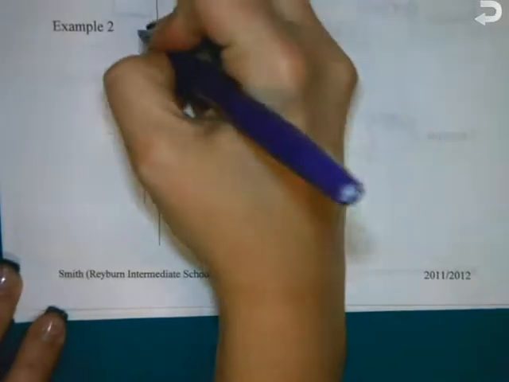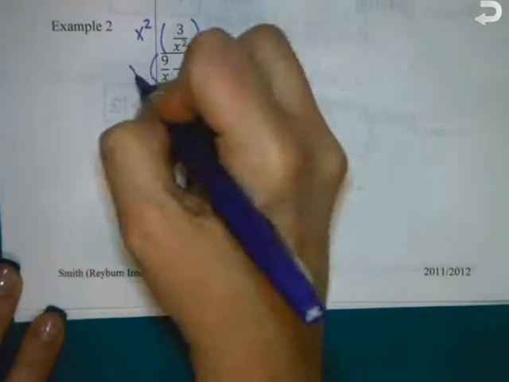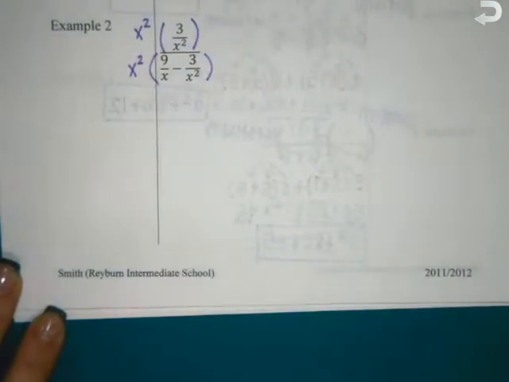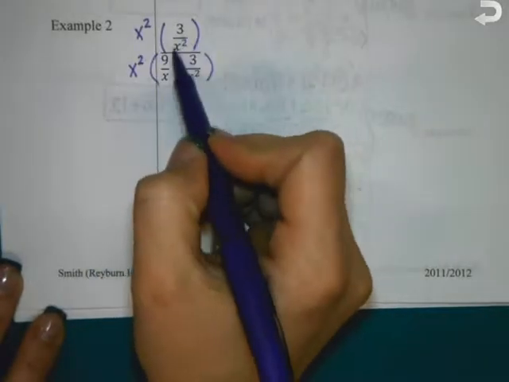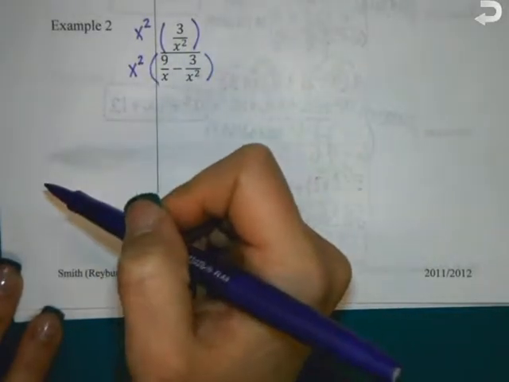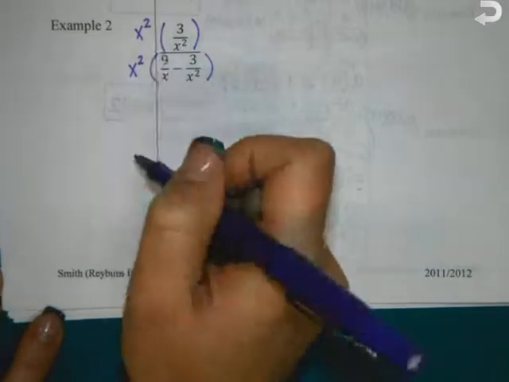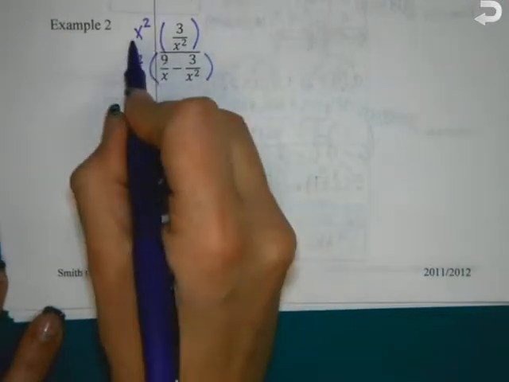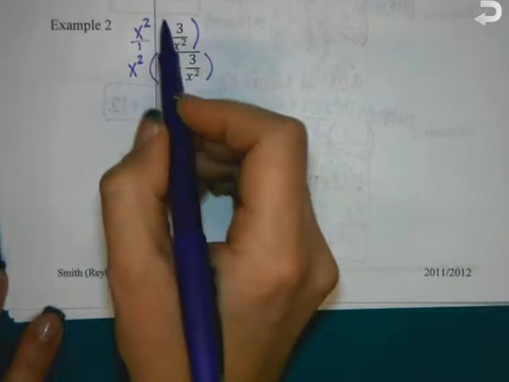So let's multiply the numerator by x squared, and let's multiply the denominator by x squared. If I multiply this numerator by x squared, what's going to happen? This is an x squared over 1. If I have x squared divided by x squared, what happens?